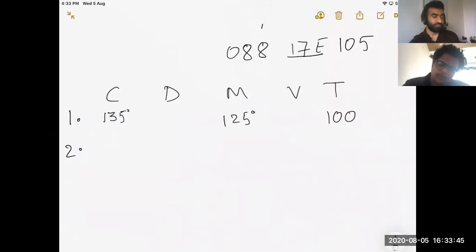Same situation. We'll solve it afterwards. First, let's write down the question. Question number two. The direction of aircraft relative to magnetic north is 100.